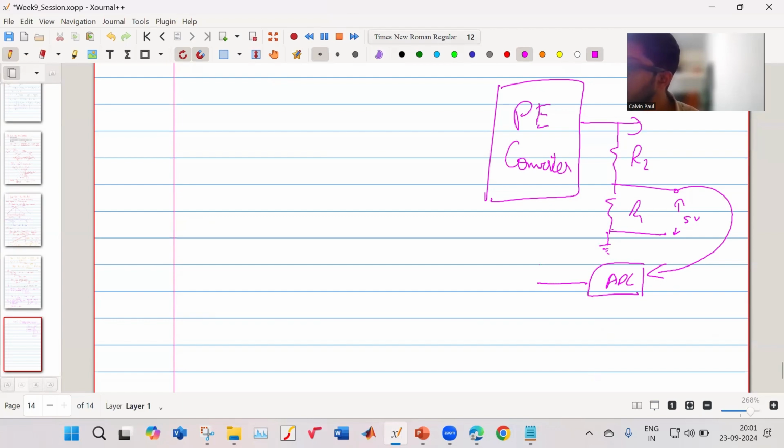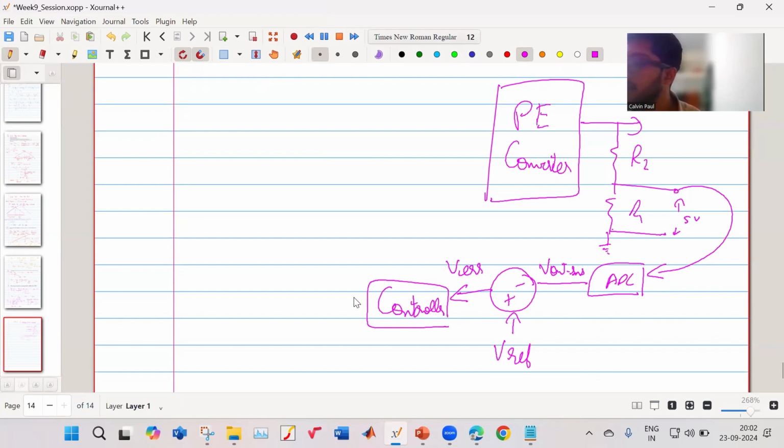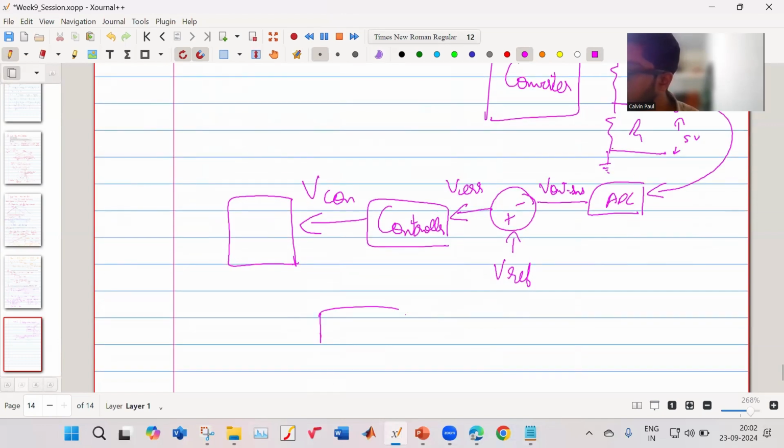So this is my output voltage in terms of sense value that I will compare with certain reference voltage which I want. That will generate the error. That will go to my controller. Okay. Controller will generate some control voltage. That will be compared with my counter. There I have a counter which is generating some voltage. Okay. That goes over here.